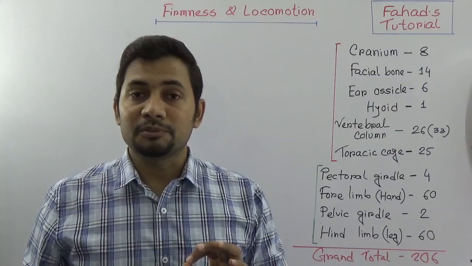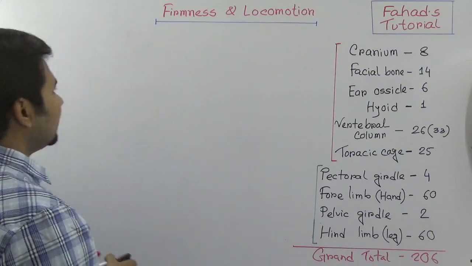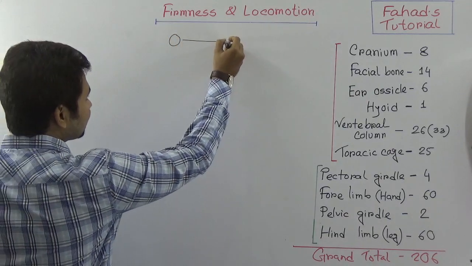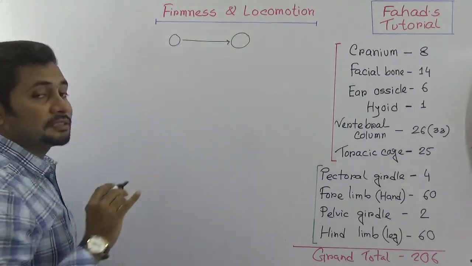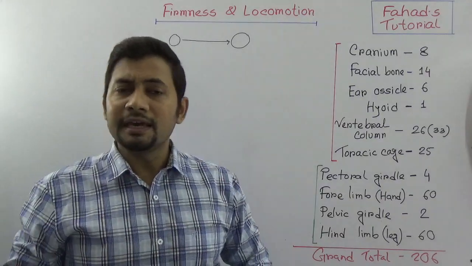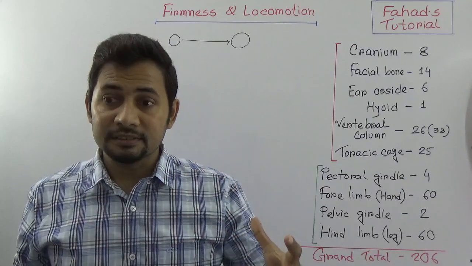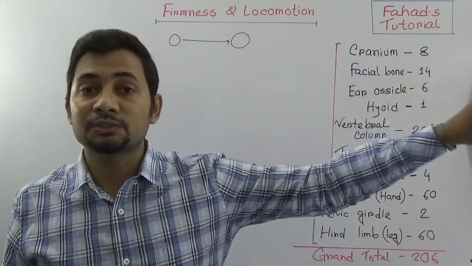Why is this called locomotion? Because animals move from one place to another in search of what? This is one type of character of animals, that they move from one place to another.